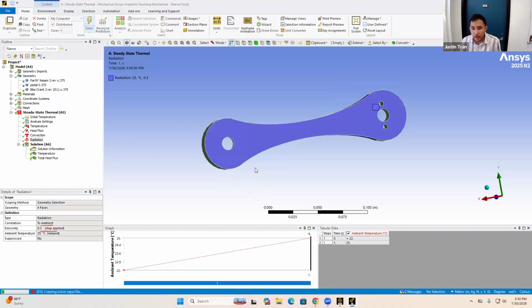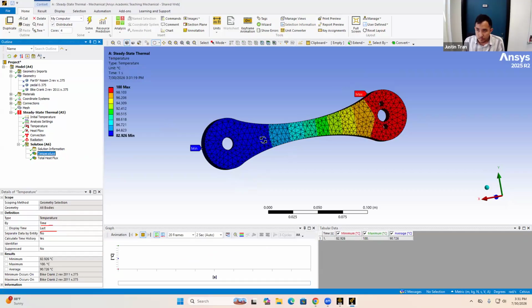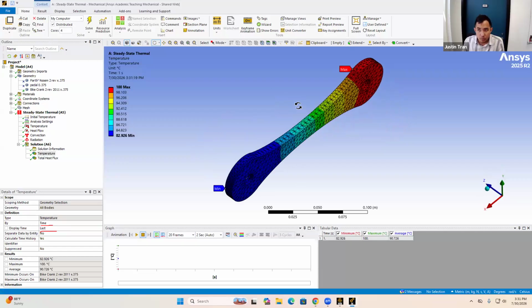So let's go ahead and run the simulation again. And you will see that the results are going to change quite a bit. Okay, all right, so this looks a lot more reasonable here.